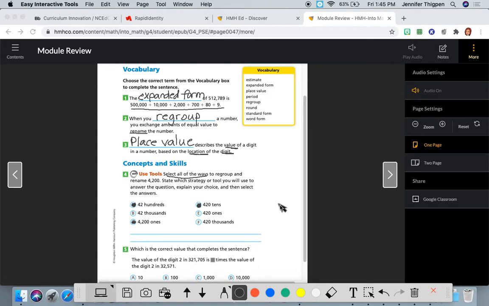Remember, the value increases by the same number every single time. So the value in 321,000 is 10 times the value of the digit of 2 in 32,000. So 10 times. Remember that key term there. Always. Every place value increases 10 times each time.